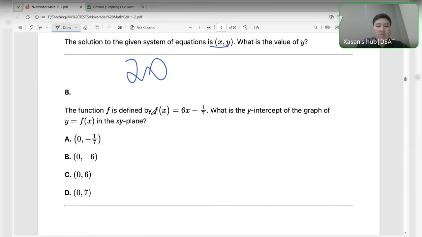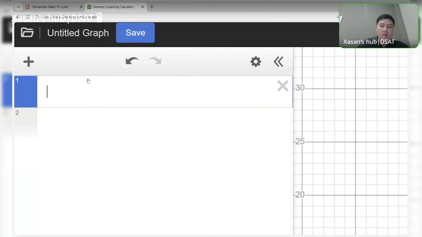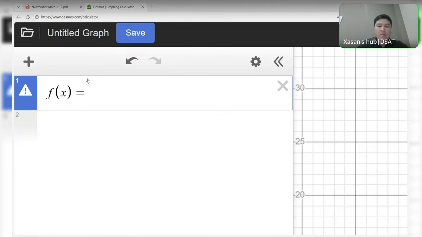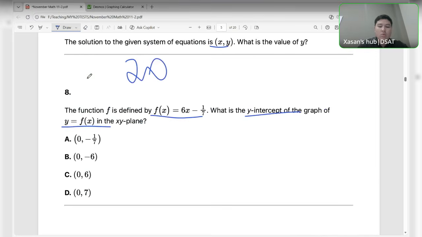And the function f is defined by this. What is the y-intercept of the graph of y equals f of x in the xy plane? Okay, guys, you can also do it with Desmos as well. But if you know the concept, that's a lot easier. So 6x minus 1 over 7.